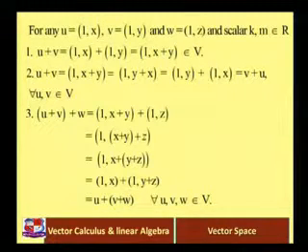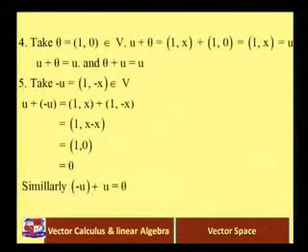Clear? Now next is the identity for addition. For that we have to find such a vector from the set such that u plus that vector, suppose that vector is theta, then u + theta is equal to u, and that is true for all u belonging to V. So we have to find such a theta. Let's see what it is. Take theta equal to (1, 0). Why is it (1, 0)?